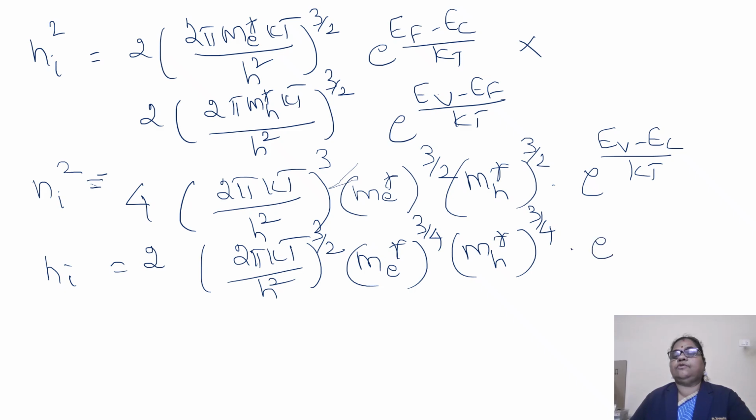So generally this is the difference in energy level between the valence and conduction band, Eg by 2kT. So this is the final expression for intrinsic carrier concentration.